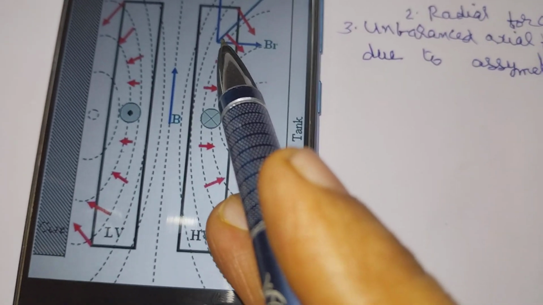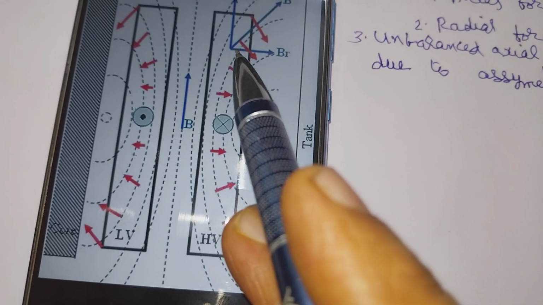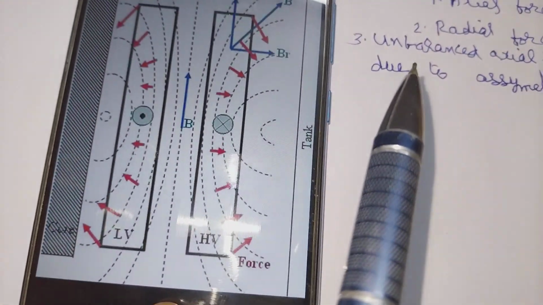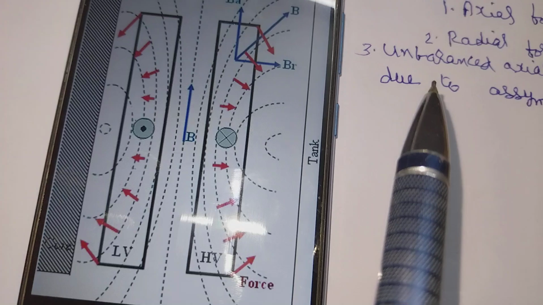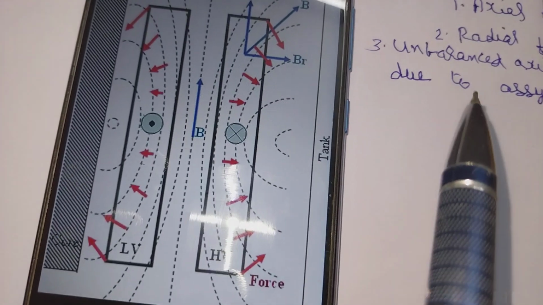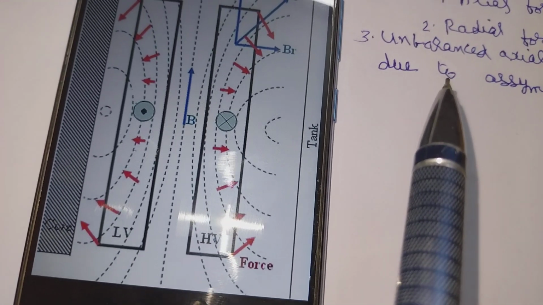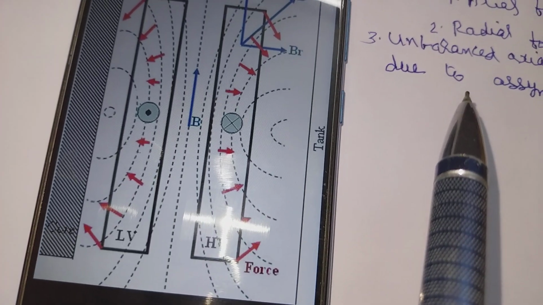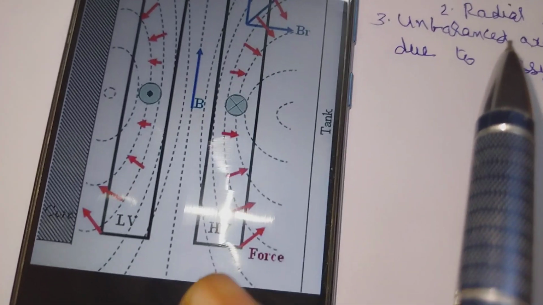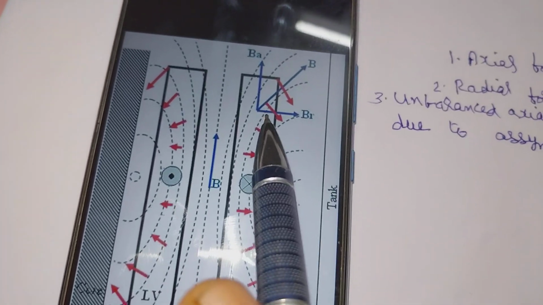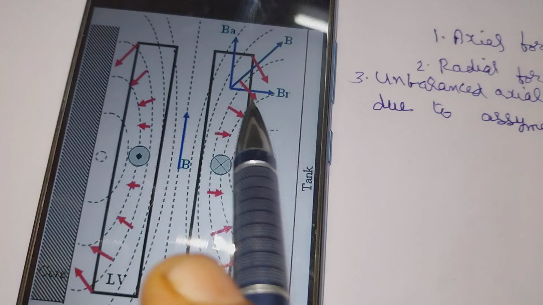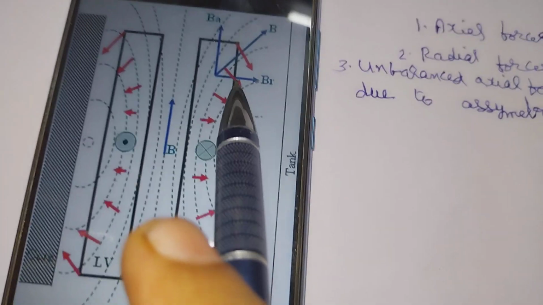The currents carried by the windings interacting with the axial component of leakage flux produce radial forces. The nature of these radial forces is such that they try to burst the outer layer of the coil.